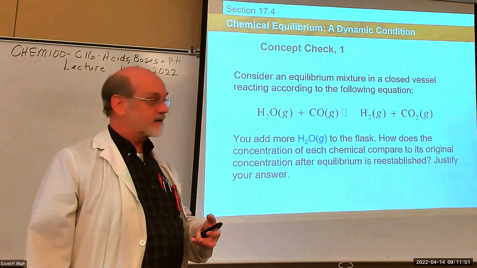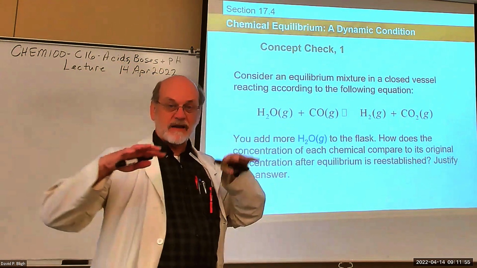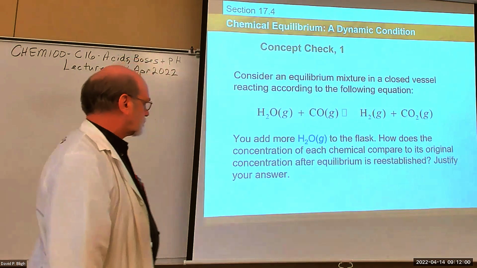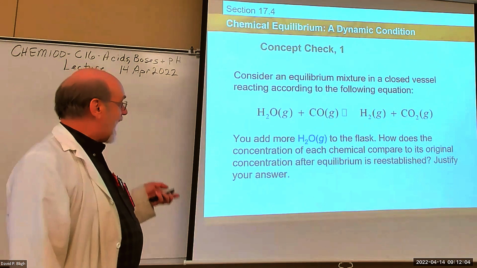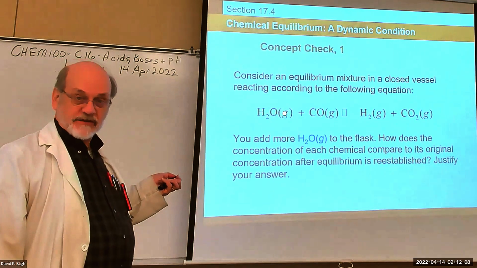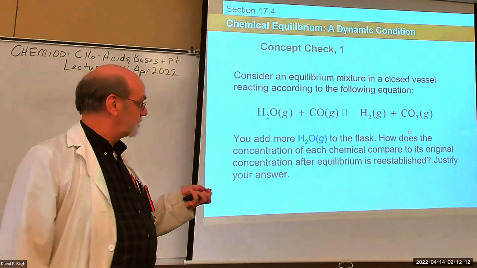And they will keep doing that until the forward reaction and the reverse reaction are balanced in speed. So now what would happen if we add more water? If we add more water, that's a disturbance in the equilibrium, and it's going to shift to the right.